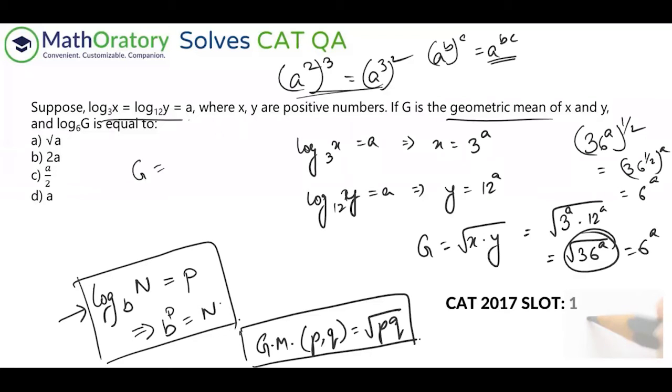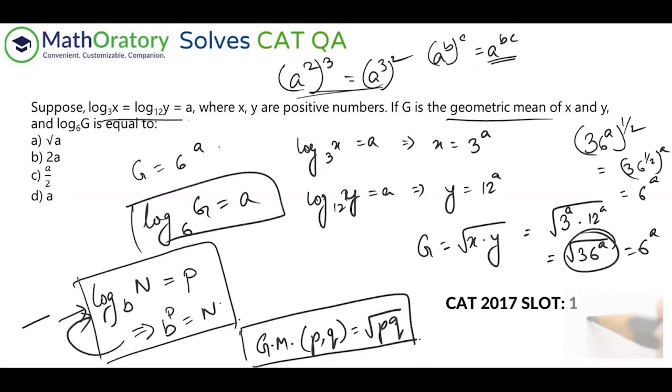Now because g is 6 to the power a, reverse this thinking. So if g is equal to 6 to the power a, log of g base 6 should be a. Just the same idea in the reverse form. If 6 to the power a is g, then log of g base 6 will be a. So that is this answer.